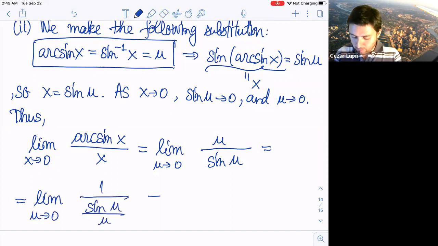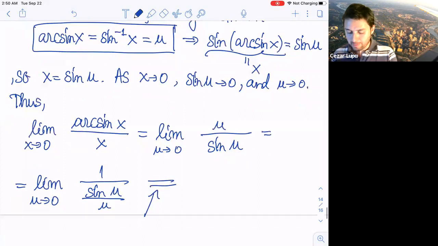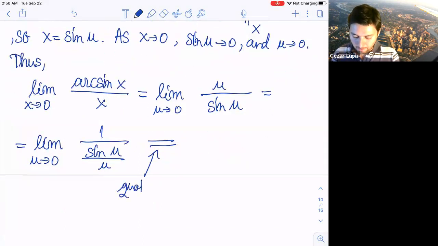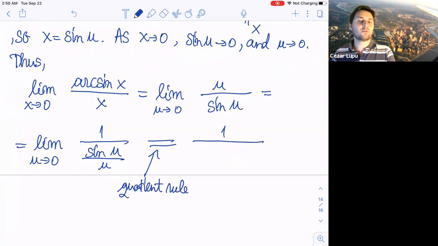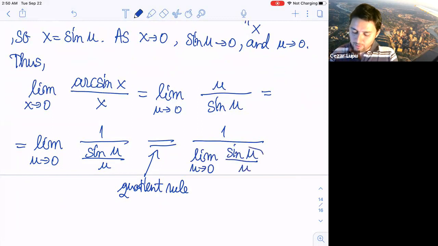But now by applying the quotient rule, this will be the limit as u approaches 0 of 1, which is 1, over the limit as u approaches 0 of sine of u over u. But from the previous one, we know that this is 1.